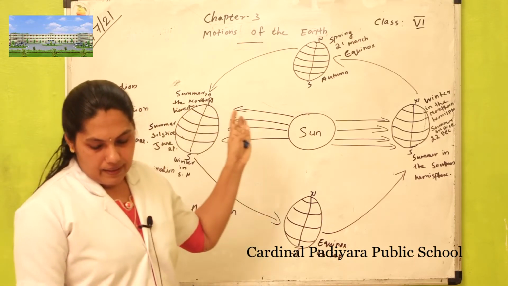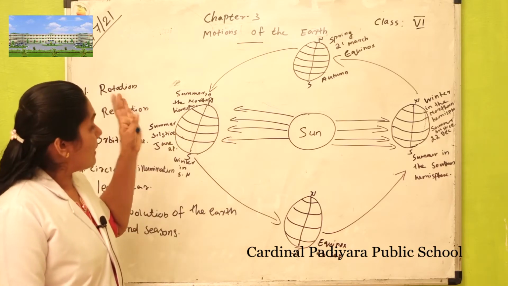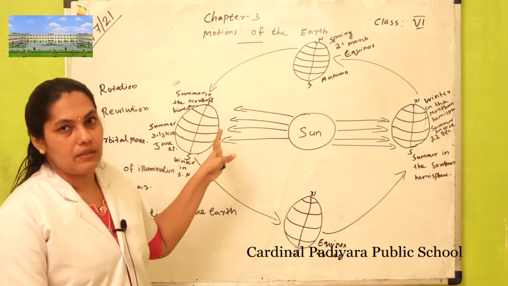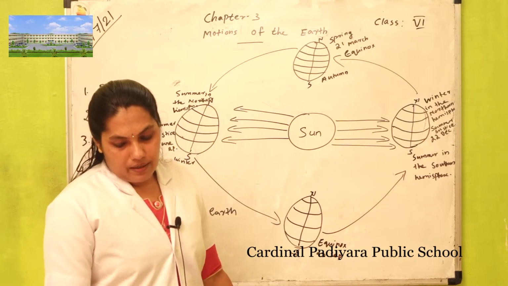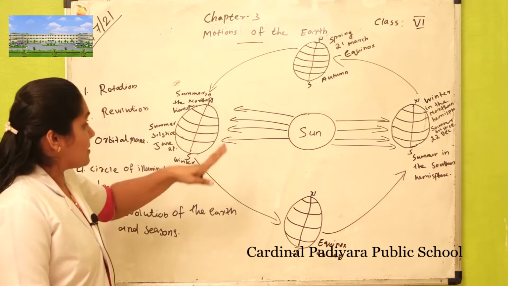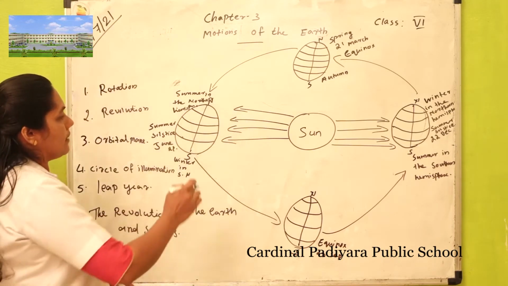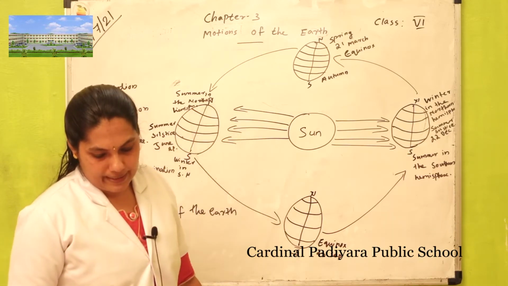In summer, the rays of the sun fall directly on the equator. The sun rays fall directly on the Tropic of Cancer. Here is the Tropic of Cancer.